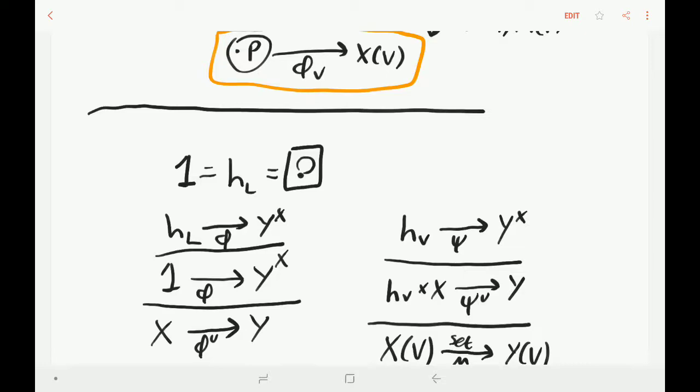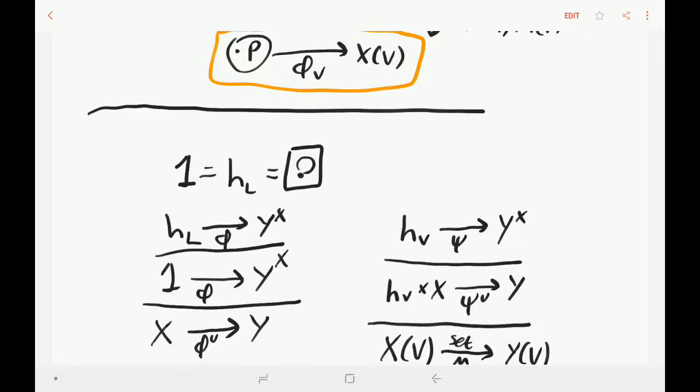Now if you have a morphism between discrete bouquets, you can actually think of that as a bouquet itself.